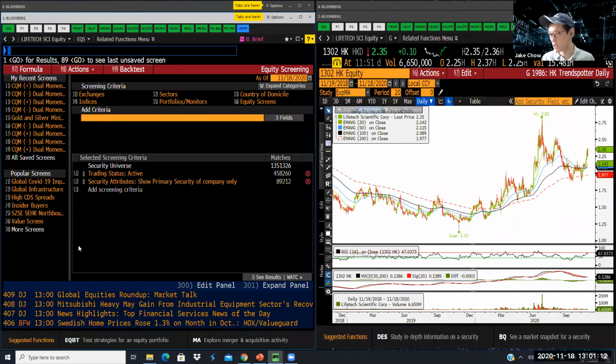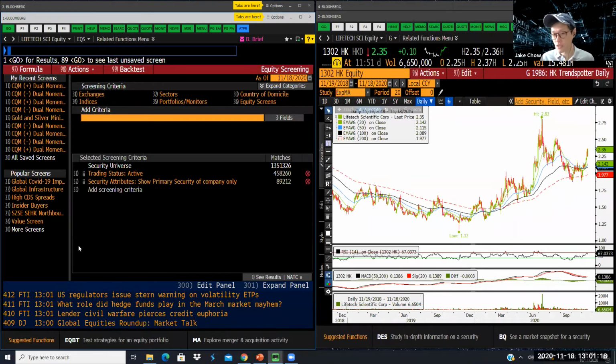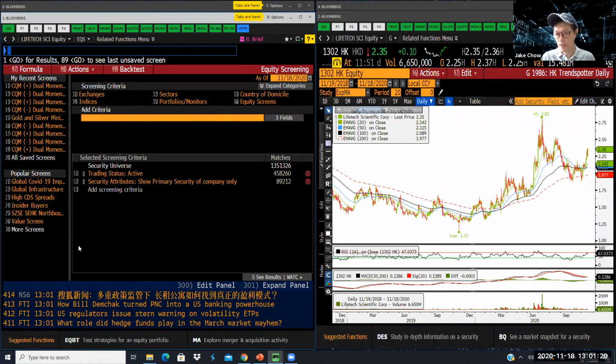So if this answers your question, I give it room to move. Because not forgetting that this is proven to have positive momentum, it tends to not move in a single direction every single day. So 2 days up, 1 day down. So you have to give it a bit of buffer.